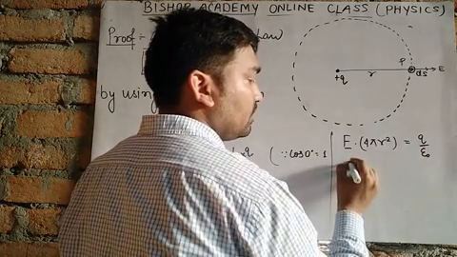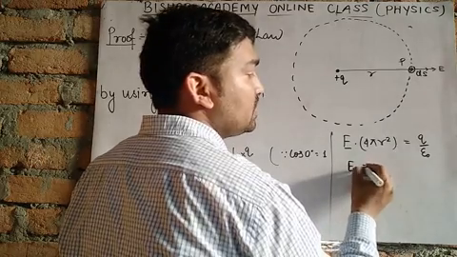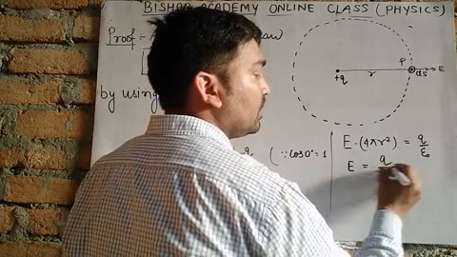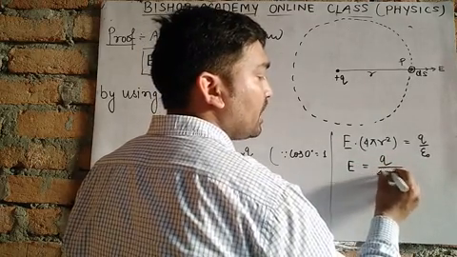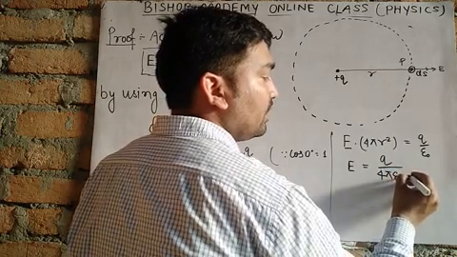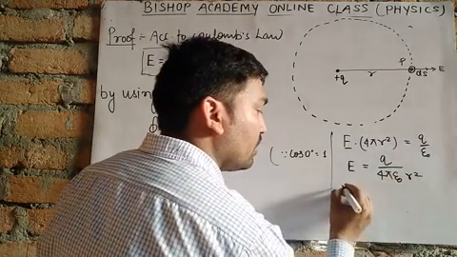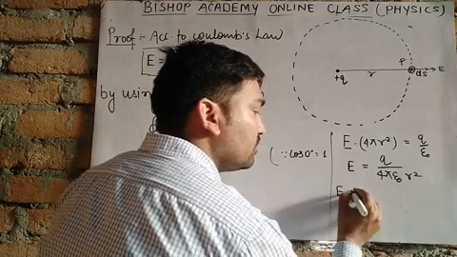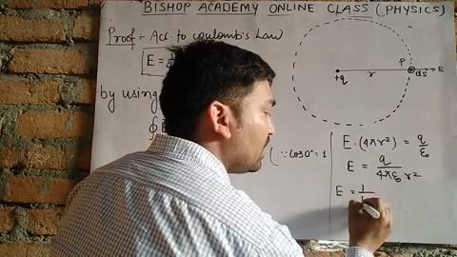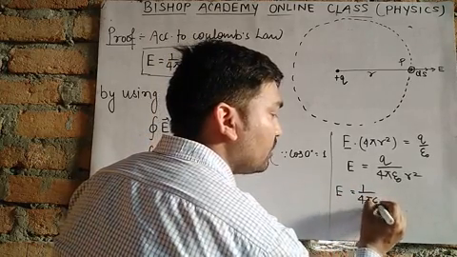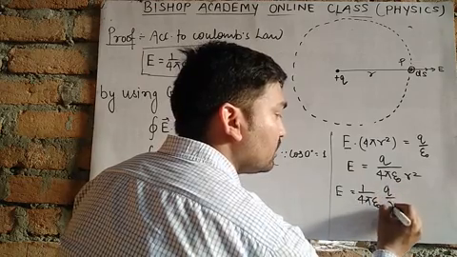Hence E is equal to Q upon 4 pi epsilon naught r square, or E is equal to 1 upon 4 pi epsilon naught Q upon r square.